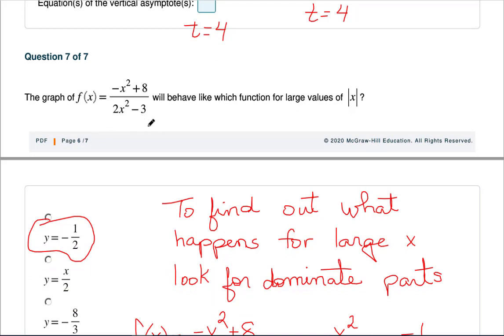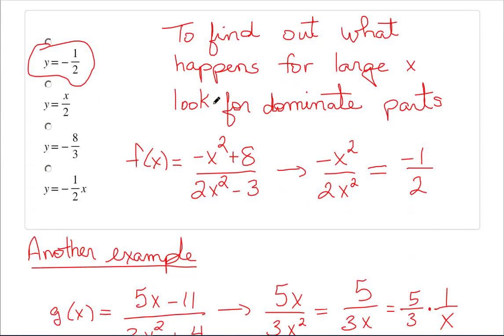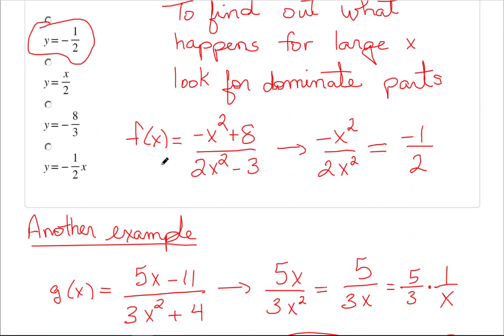In question 7, how does this thing behave? That's what we're looking at. We'd like to know, how does it behave? Well, how it behaves depends upon the dominant parts of the top and the bottom. So, looking here, the dominant part is this x squared piece. The dominant part on the bottom is this x squared piece.